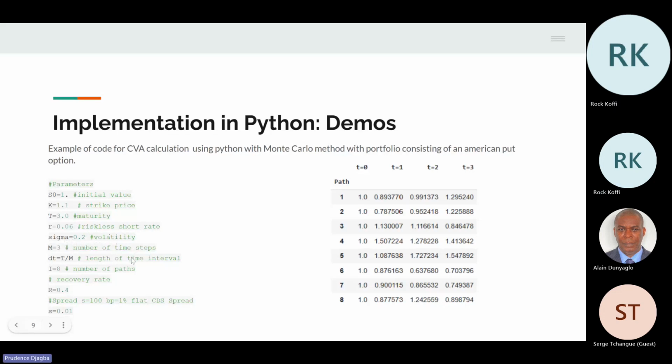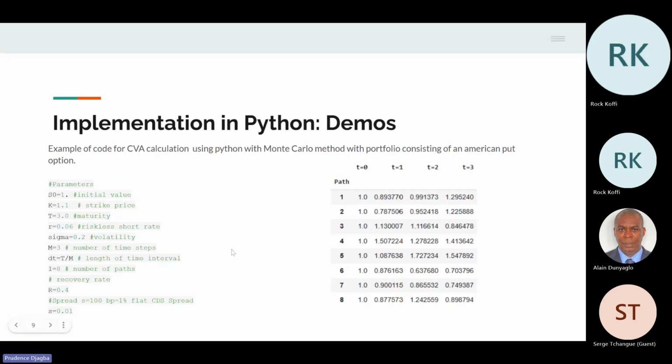The number of steps that we divide our interval from 0 up to 3 gives dt, which is T divided by m. In our case, it is over 3 years, and dt is 1 year. The recovery rate is 0.4, and the spread is taken as 0.01, which is 100 basis points.